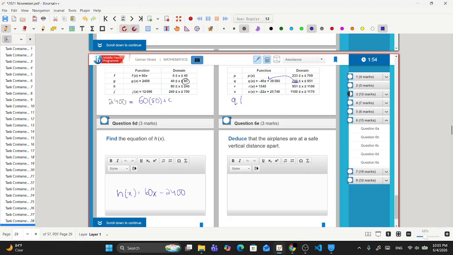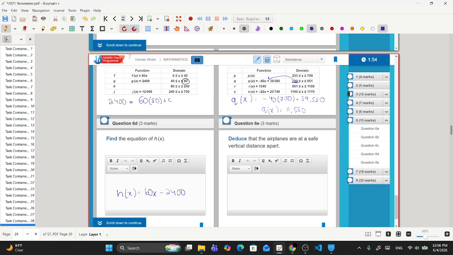Q of x equals minus 40 into 700 plus 39,580. So what does q of x become? Minus 40 times 700 plus 39580. This becomes 11,580.